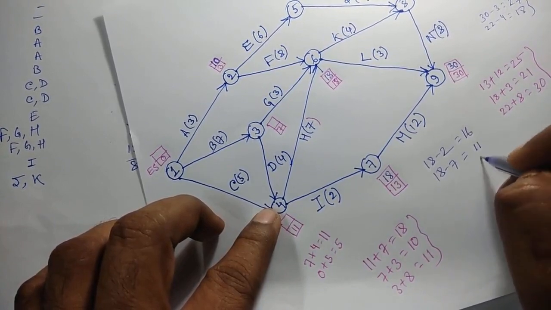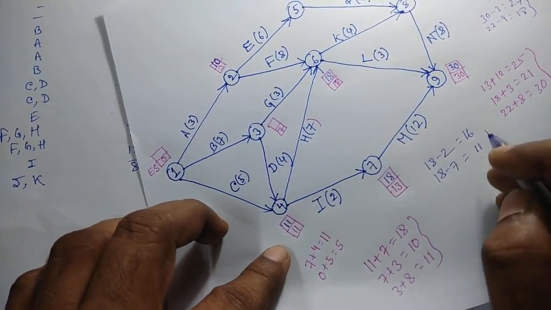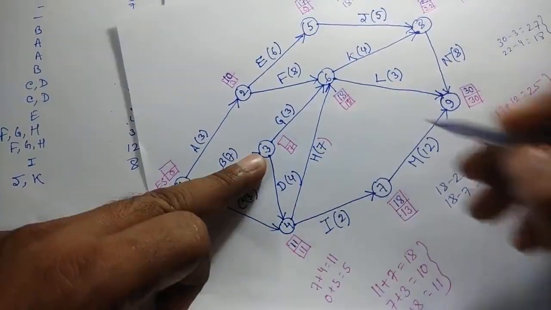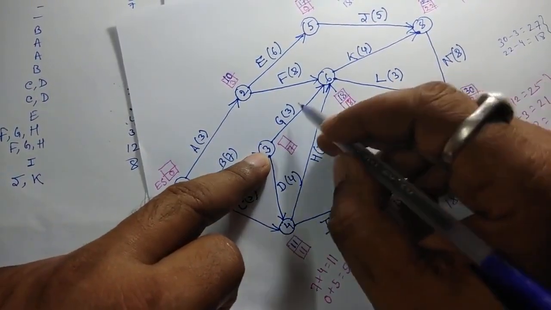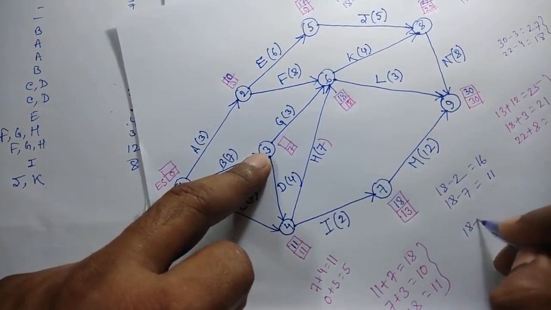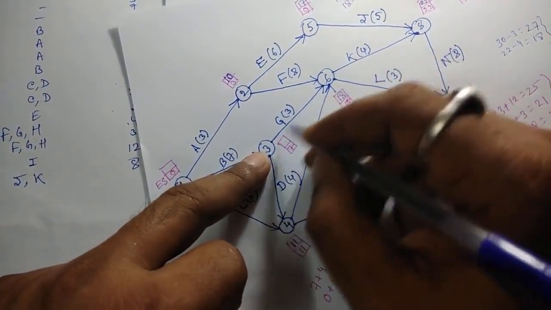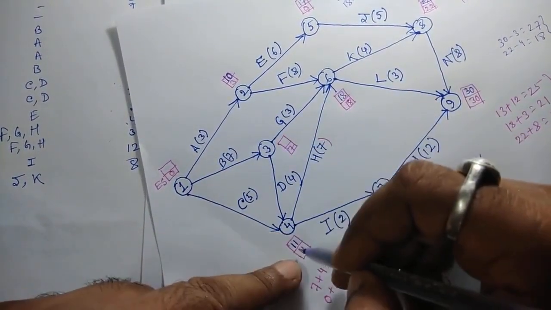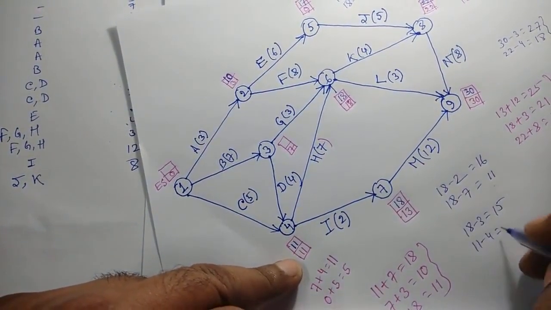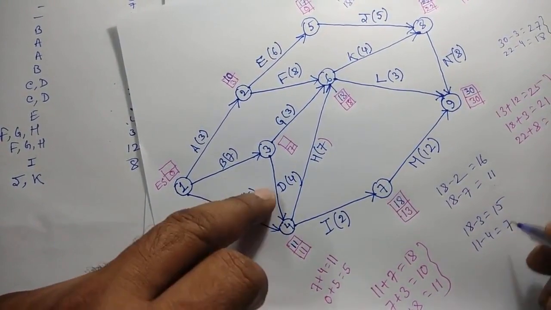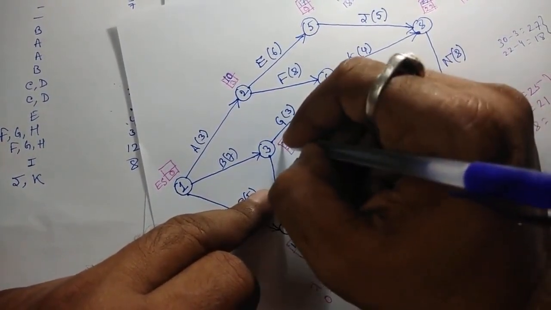So the lowest value will be 11. So here you have to write 11. Next, for node 3, you have to calculate 18 minus 3, equal to 15, or 11 minus 4, equals 7. So you have to write the lower value, 7, here.